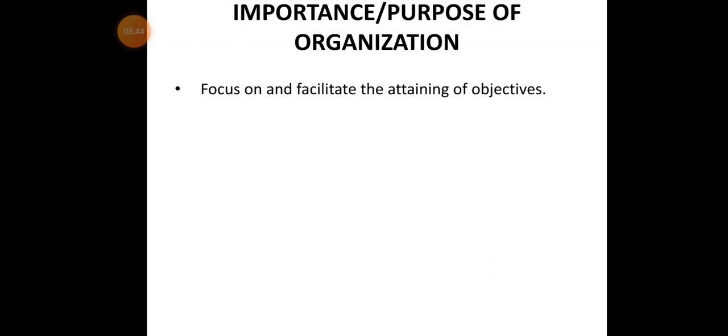Next is importance and purpose of organization. What is the importance and purpose of the organization? First important is, we'll see, focus on and facilitates the attaining of the objective. Organization will focus, means organization will take care of all the facilities, what all the facilities we have to give to the employee.